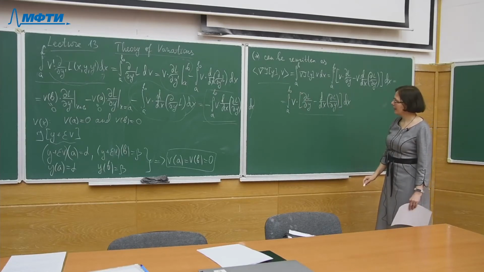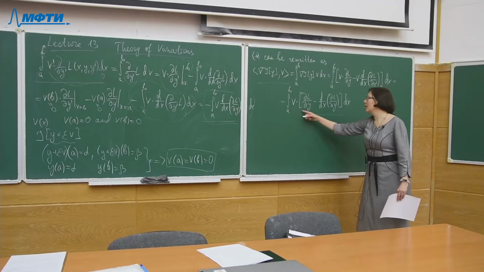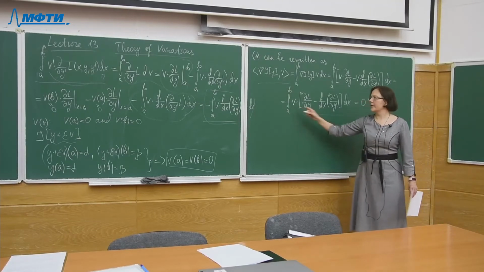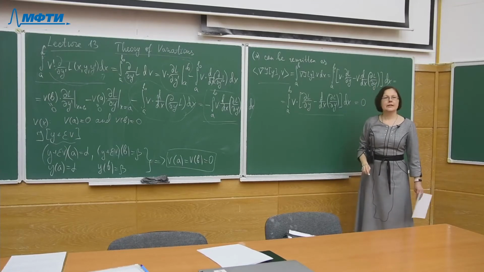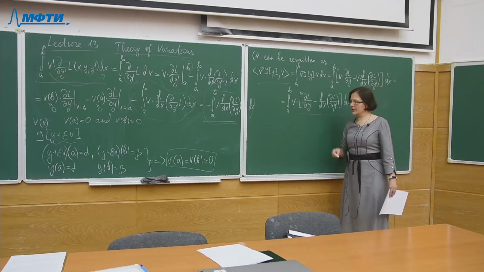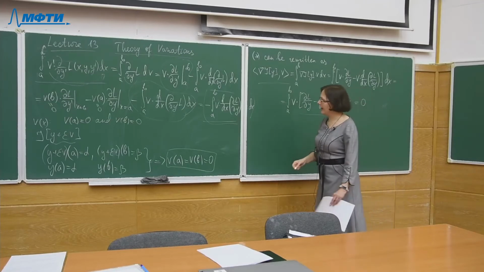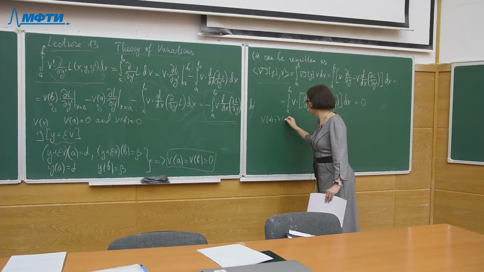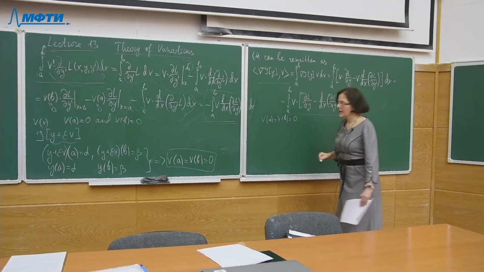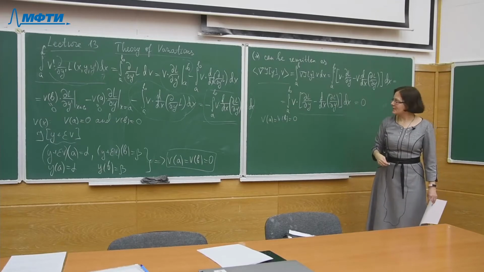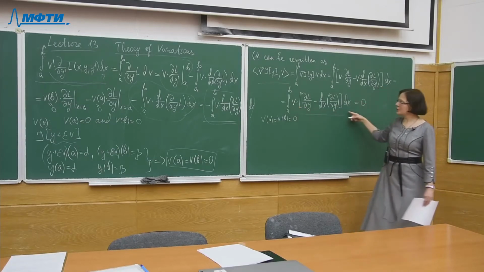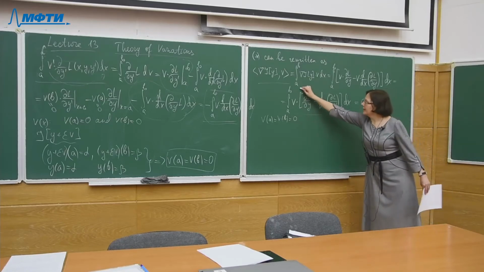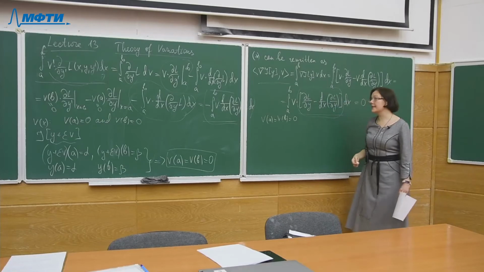Okay. And we want this integral to be equal to 0 for any variation v, such that v is of class C1 and v of a equals v of b equals 0. It can be proved, but we will omit this proof, that if this is true for any variation v, then this function must be 0.